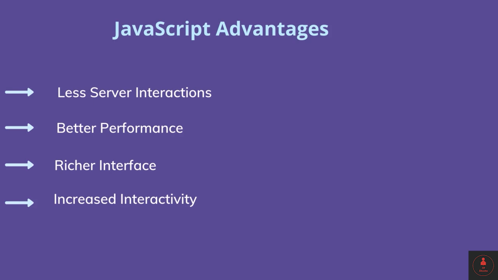Increased interactivity, that's what it means. When you create a rich, more interactive interface, it will be good for the client and they will keep on coming to you. So these are some key features of JavaScript. From our next video onwards, we will start with the implementation of it.